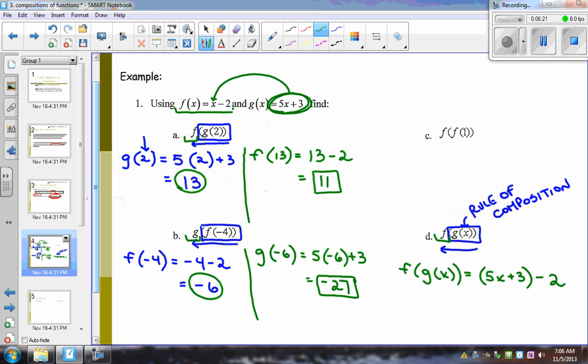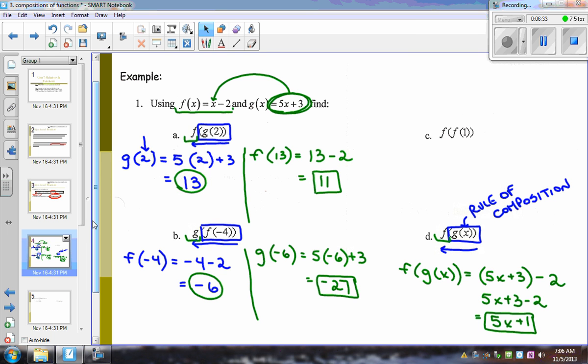Now what we can do is drop our parentheses, combine like terms, and we are left with an output that reads as follows. And this is what's known as finding the rule of a composition, where you're actually plugging one function into the other to come up with the final expression.